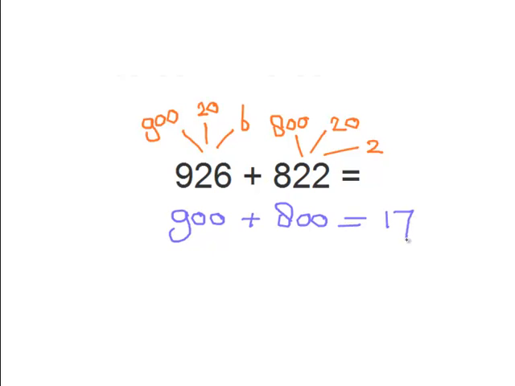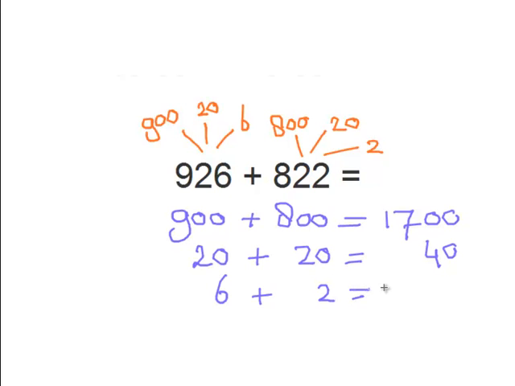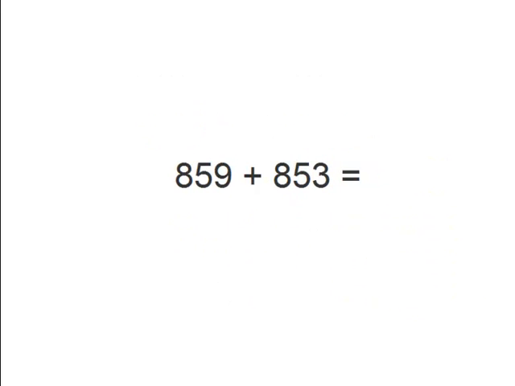So that'd be 1,700. And now the next numbers would be 20 and 20, which is 40. And now the smallest numbers are the 6 plus the 2, which equals 8. Alright, so let's add these all up. So that would come out to 1,748.